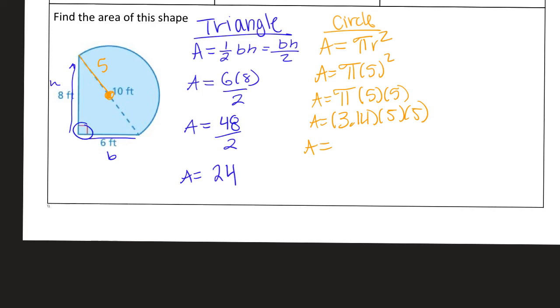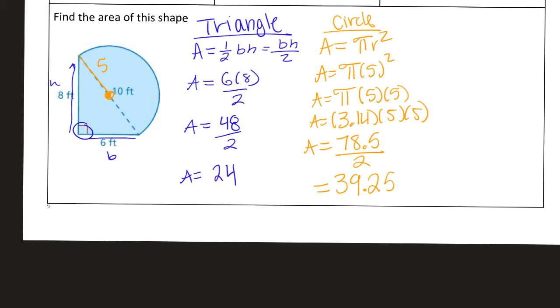When I multiply those all together, I get 78.5. Okay, so that's the area for a whole circle. I need a semicircle. So tell me, what should I divide it by? Nice, it is 2. So I'm going to divide by 2. And I get 39.25.